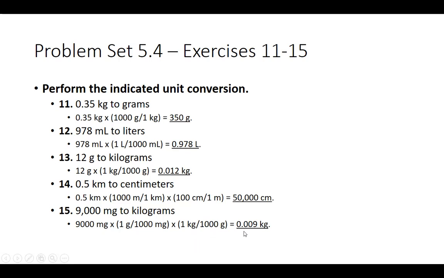That gives us 0.009. And then milligrams canceled, and then grams canceled, and left us with kilograms. Since we're dividing by 1,000 and then dividing by 1,000 again, we could also move the decimal point 3 spaces to the left, and then another 3 spaces to the left, and get 0.009 that way.